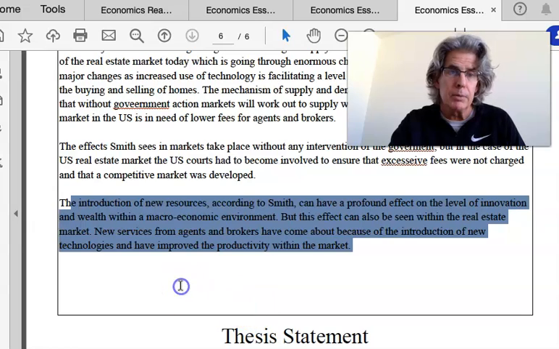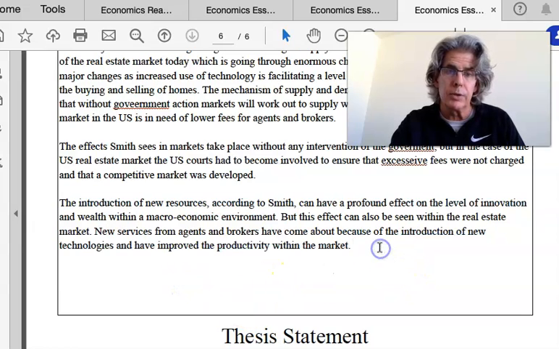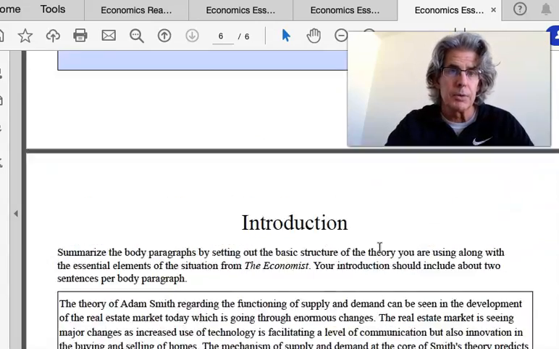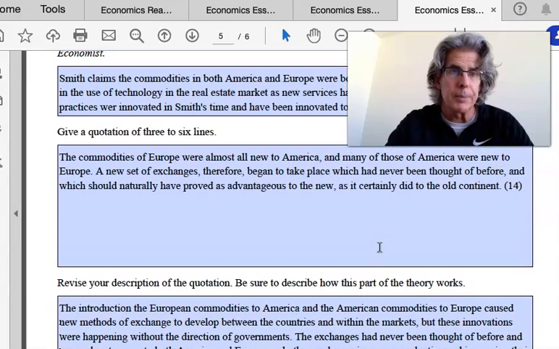And now let me write the introductory sentences for the 4th body paragraph. Let me see. What's it about?